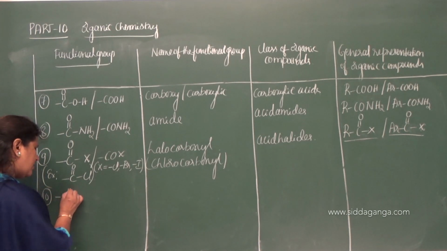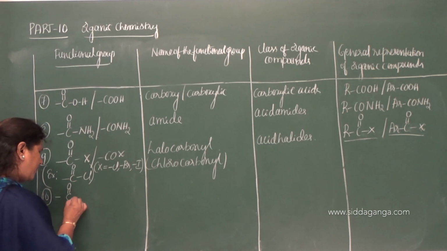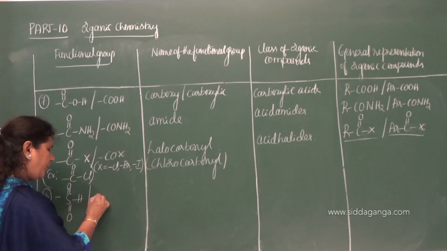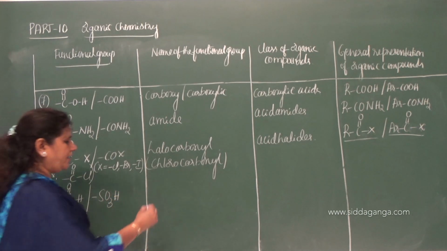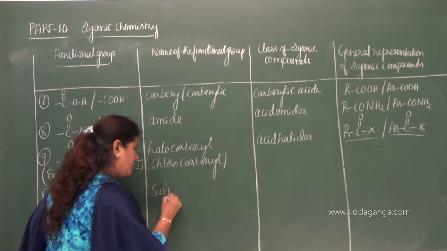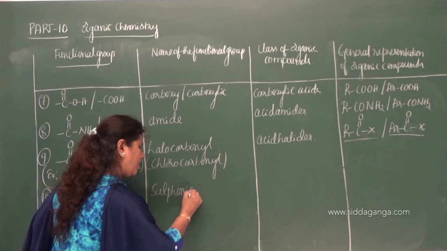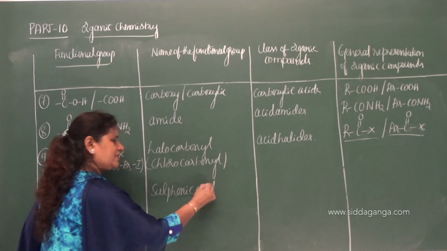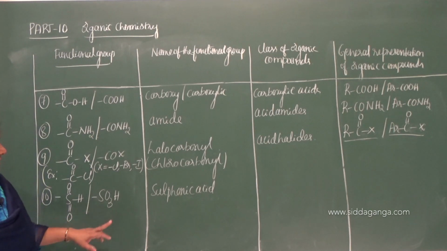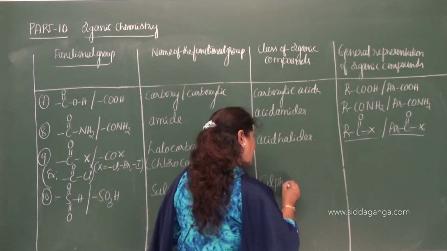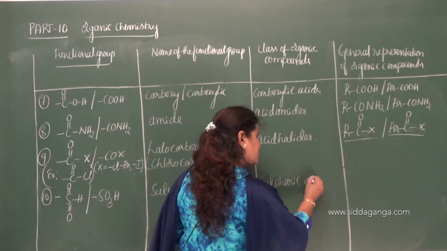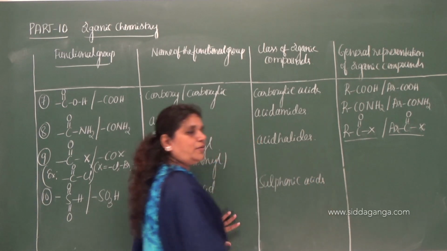Now, the next one, S double bond O H, or you can write it as SO3H. The name of the functional group is sulfonic acid, and the class of compounds is also called sulfonic acids.